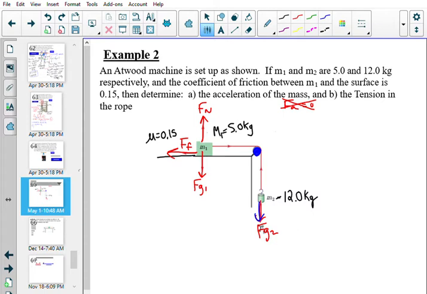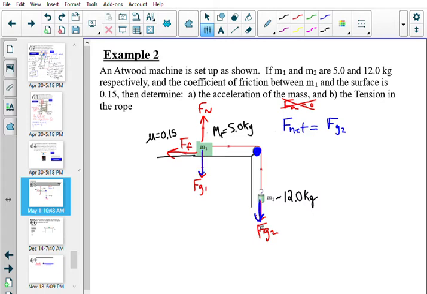So if I write an F net formula, well, what's pulling on the rope? FG2 is definitely pulling on the rope, trying to make the pulley turn. FG1 we're going to need, but that is not pulling on this pulley.